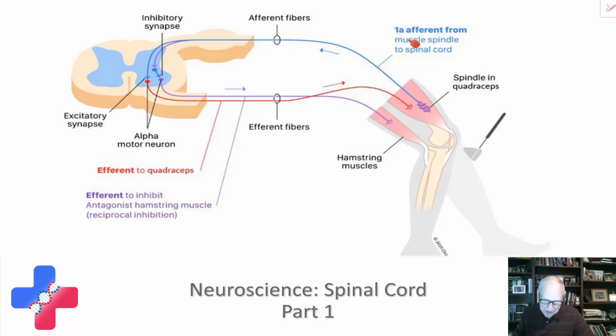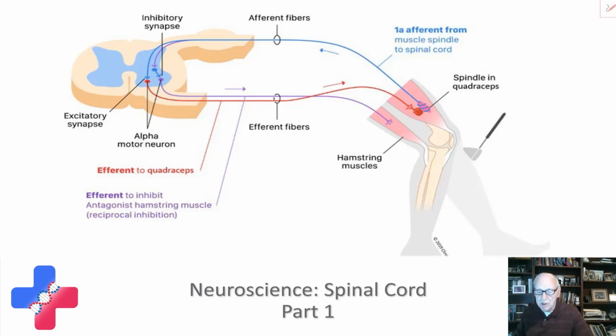These 1A afferents go directly and synapse directly onto the alpha, which is in red. This is the lower motor neuron back to the same muscle at the motor end plate, and you get the knee jerk. So you get that classic response.